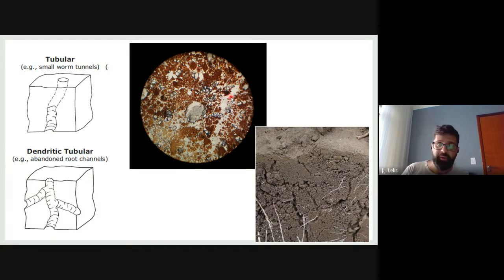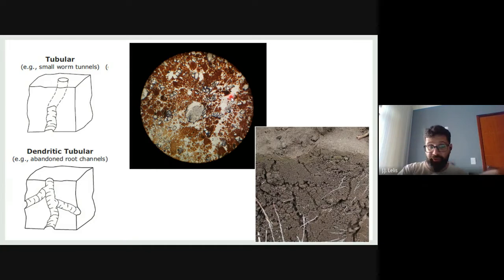But of course, we can see them in subsurface horizons and very deep subsurface horizons, depending on the water table level and the climate conditions. When we have drier conditions, we have a water table that is very, very deep.